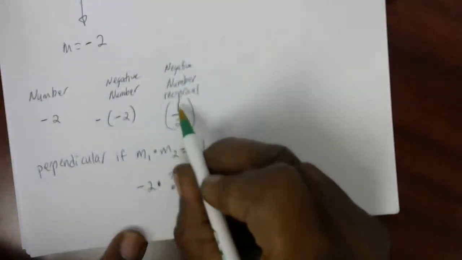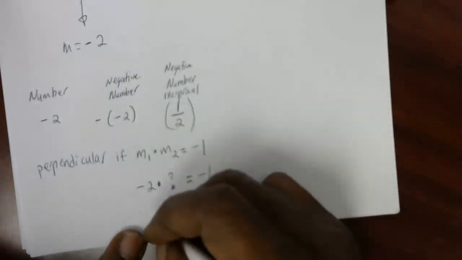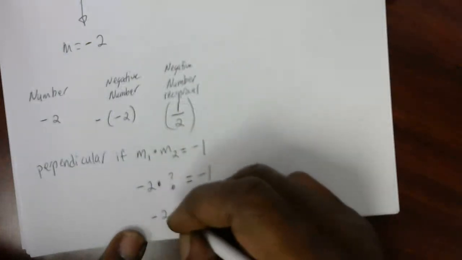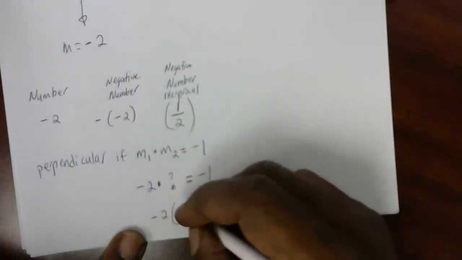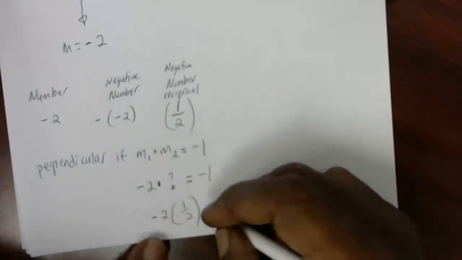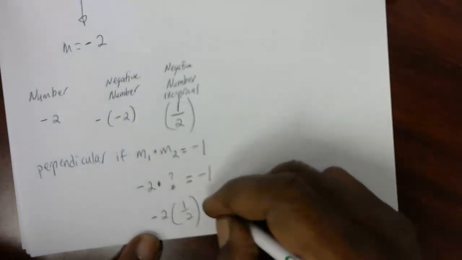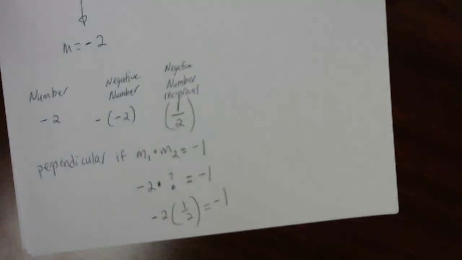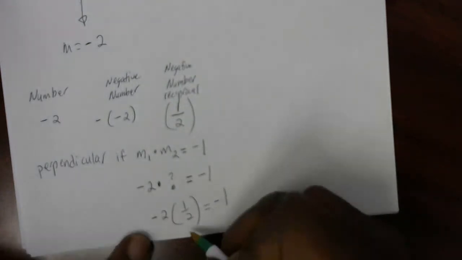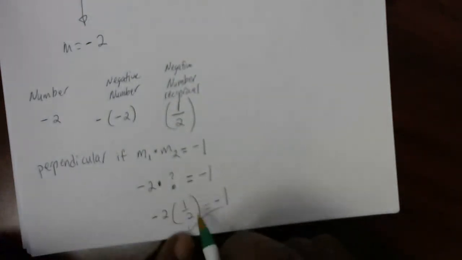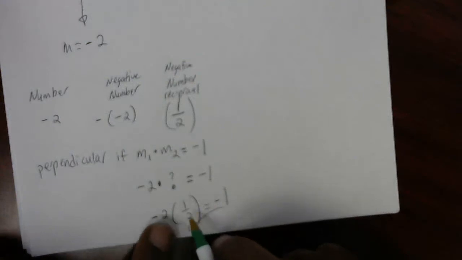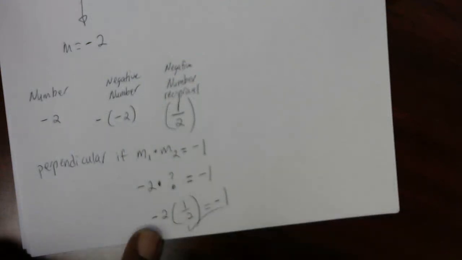So if I were to substitute in this question mark for 1/2, -2 times 1/2 gives us -1. All right, so the negative reciprocal of -2 is actually +1/2.